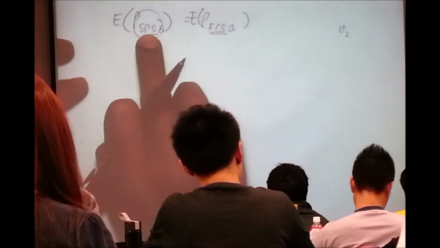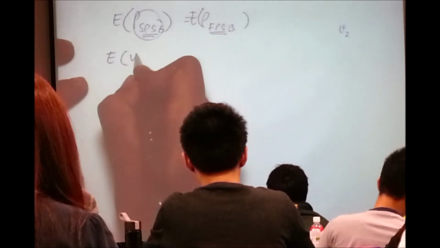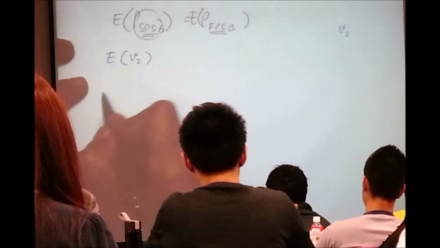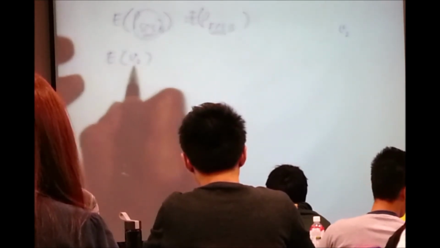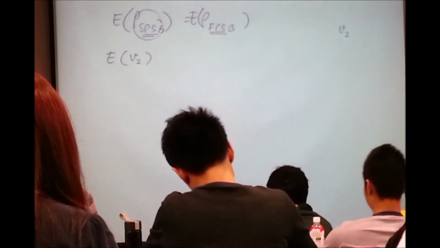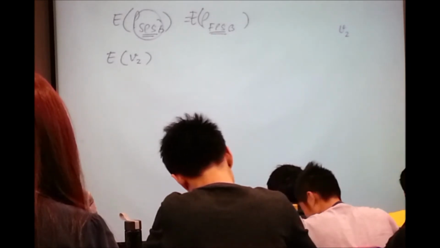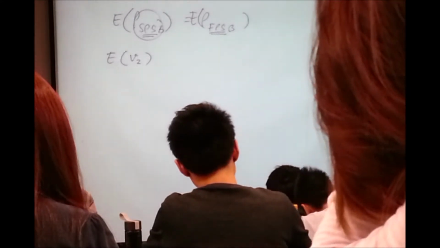But I am not looking for the price in any particular auction. Rather, I am looking for the expected second highest valuation. On average, what is the second highest valuation over my Monday, Tuesday, Wednesday, Thursday, Friday groups? That's what I'm looking for. What is the average valuation for all of them?